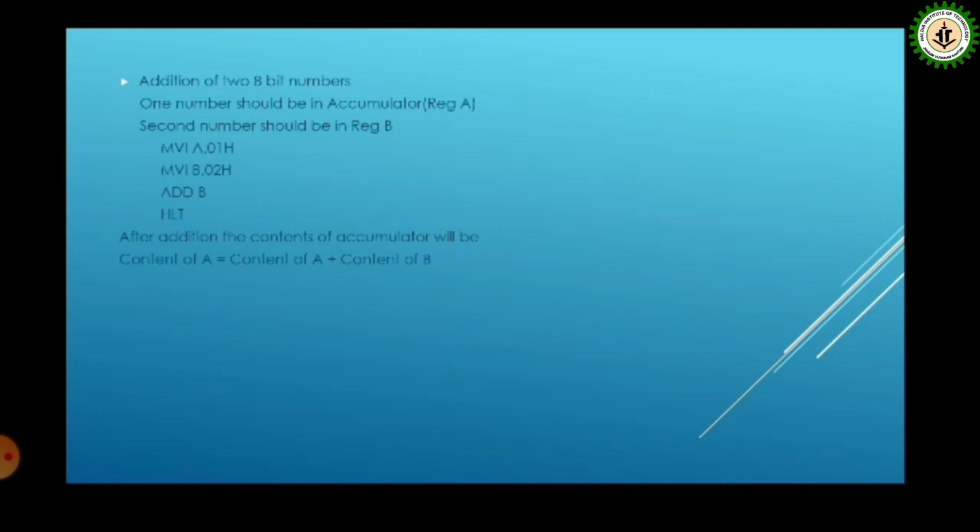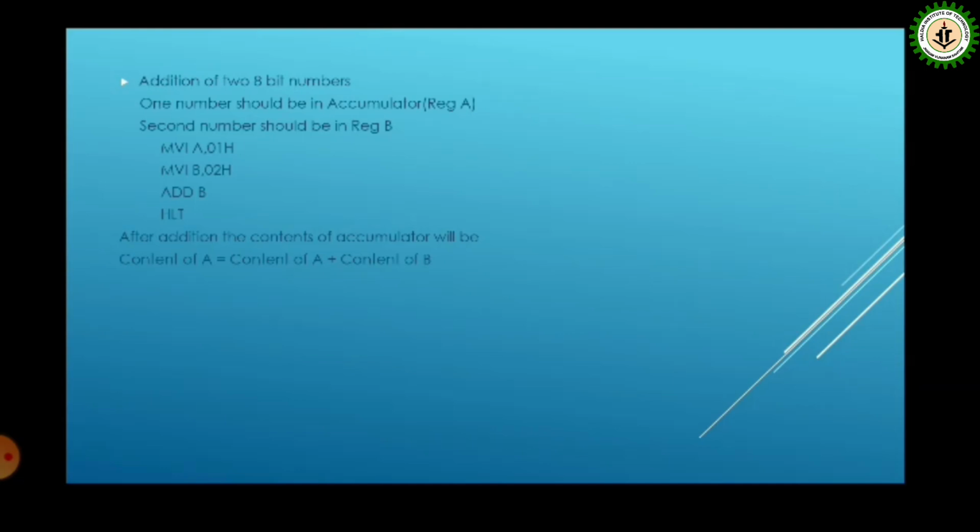So what is ADD B? ADD B means add the content of the accumulator with the content of register B and store the final result into the accumulator.